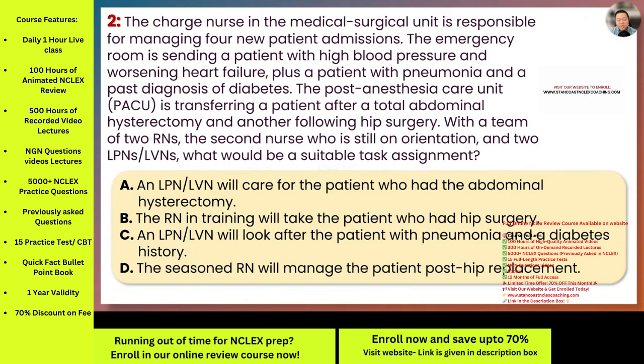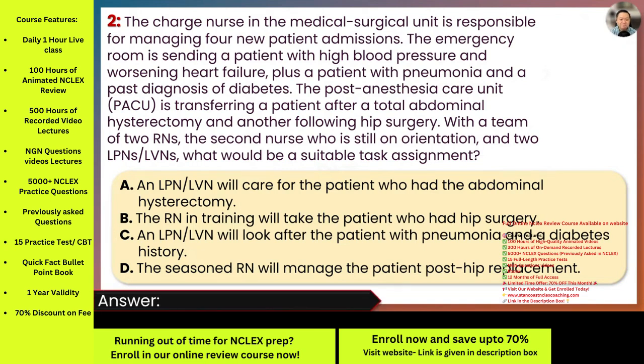Well, this question is testing your ability to delegate tasks safely based on the team member's skill level. And on the NCLEX, delegation must always prioritize patient safety, and you have to match the right nurse to the right patient. So the answer here is letter D. And why is that? Well, fresh post-op patients are high risk. They need frequent assessments for complications like bleeding, infection, and shock.